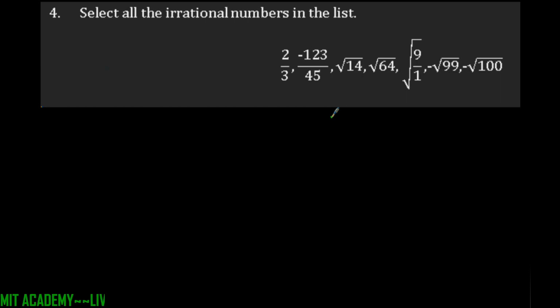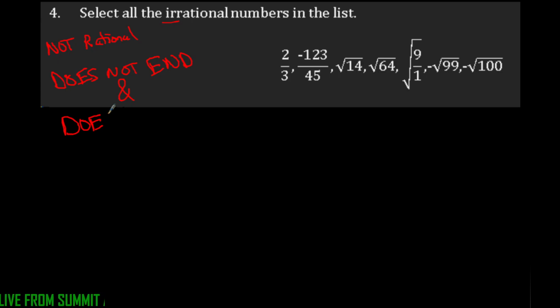And then it says select all irrational numbers in the list. Again, make sure you're remembering what irrational means. We're saying not rational. So that means values that do not end, and do not repeat.